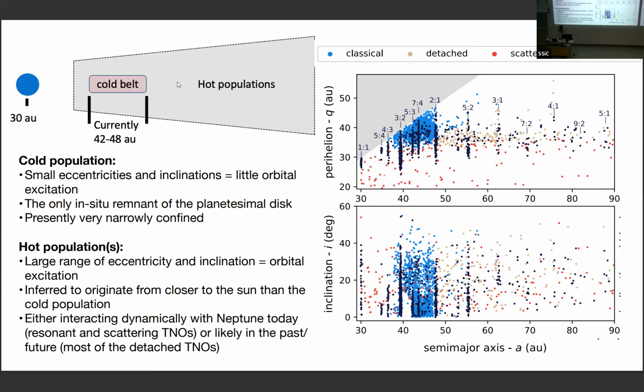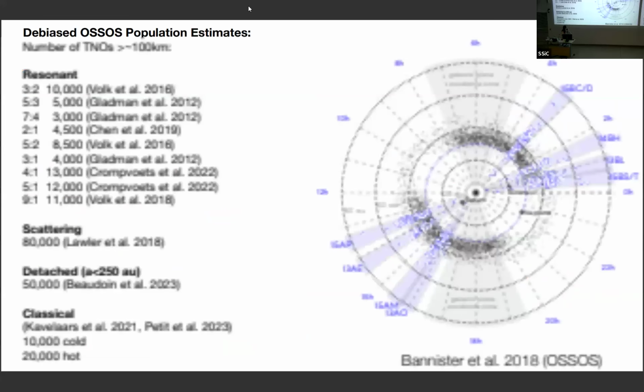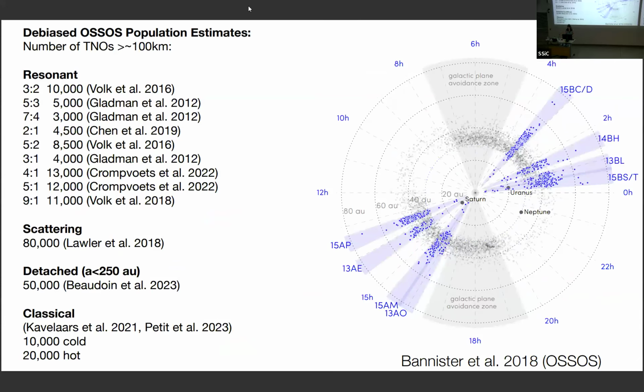And then overlaid on top of that is everything else, which is the dynamically excited, higher eccentricity, higher inclination populations that came from that closer in, more massive planetesimal disk. And some highlights of what we know from our current observational constraints about the numbers for these. There are some other surveys besides AUSIS that have population estimates.